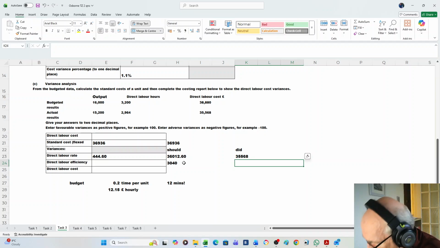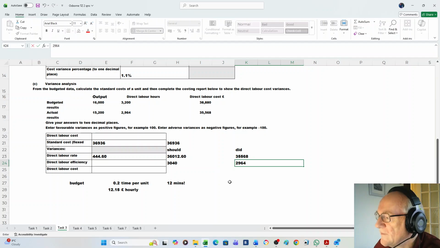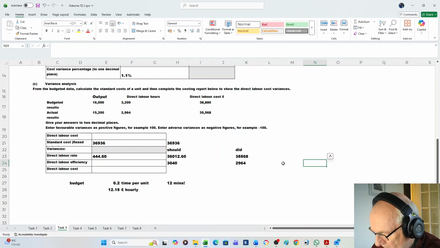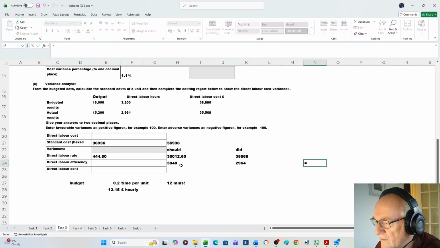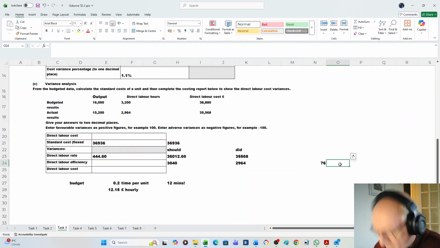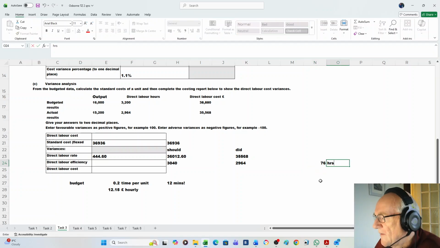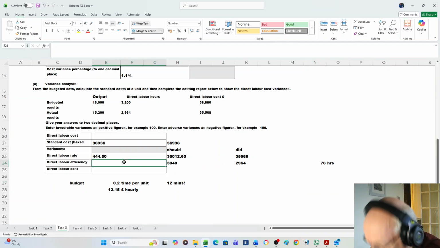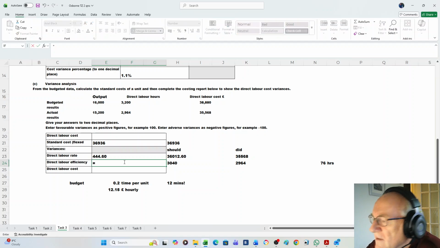So they've done it in the 2,964, equals 76 hours. We've got to remember, again, it's favourable, they've done it in less time, so highly motivated workers, despite the fact that they're getting £12 an hour instead of £12.15.